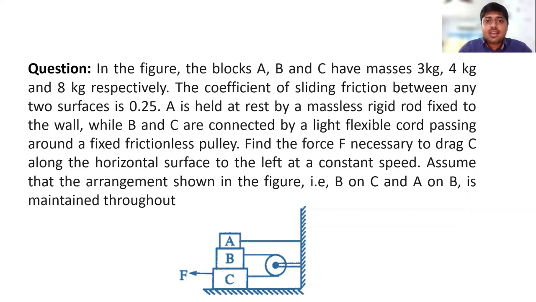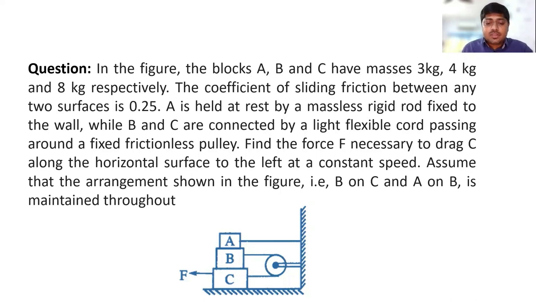A is held at rest by a massless rigid rod fixed to the wall, while B and C are connected by a light flexible cord passing around a fixed frictionless pulley. Find the force F necessary to drag C along the horizontal surface to the left at a constant speed. Assume that the arrangement shown in the figure, that is B on C and A on B, is maintained throughout.